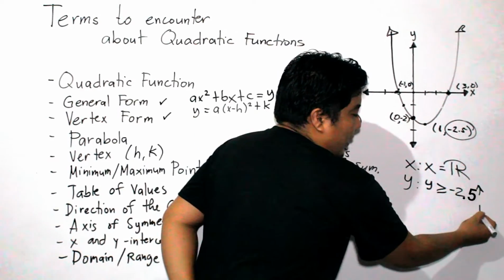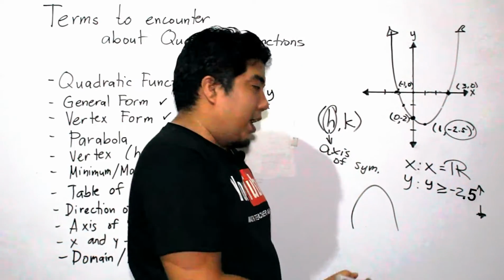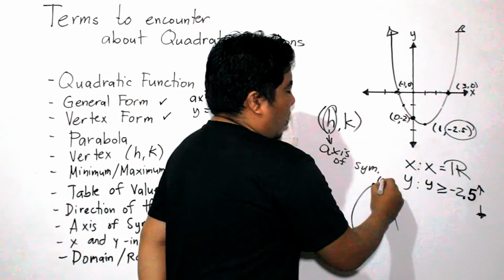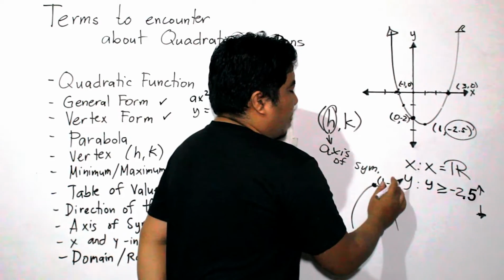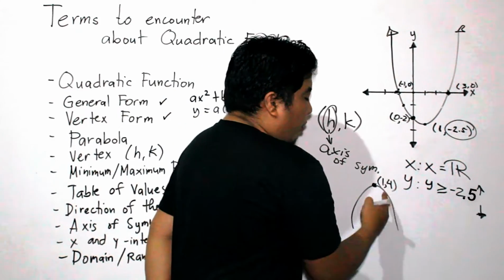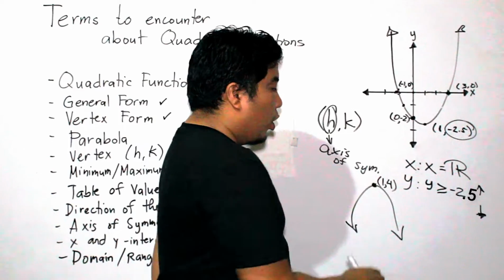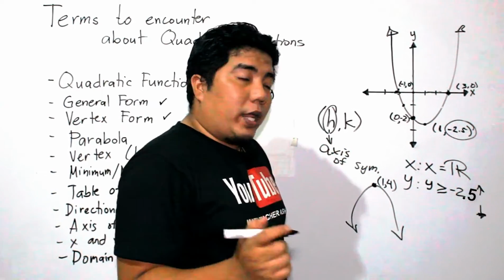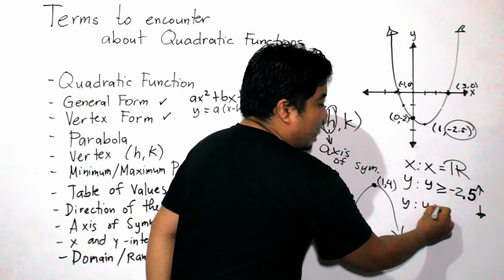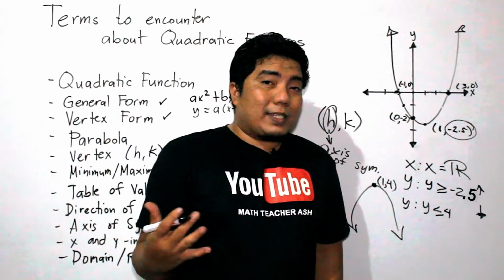But if it opens downward, for example, we have a graph like this, okay? And for this graph, for example, the vertex is located at 1, positive 4. So, for this one, our parabola is opening downward. So, your range will be y such that y is less than or equal to positive 4. Why is that so?